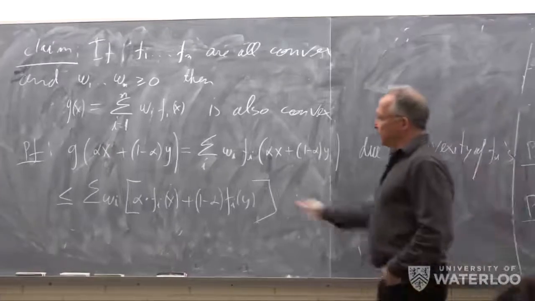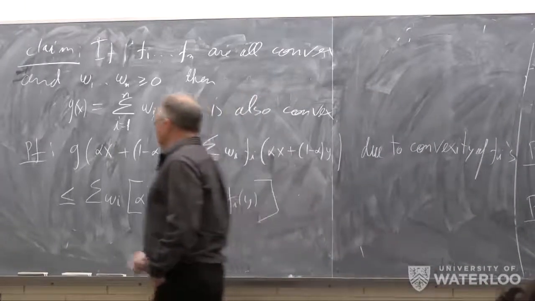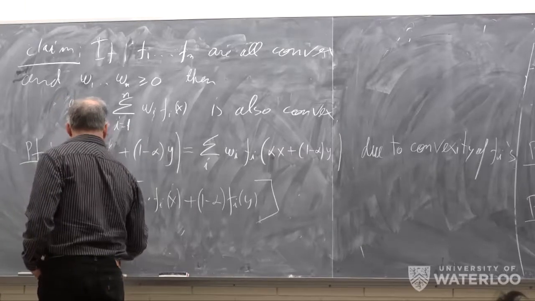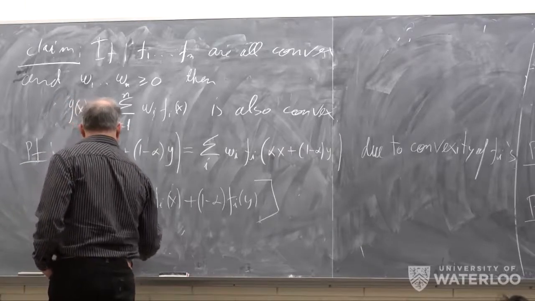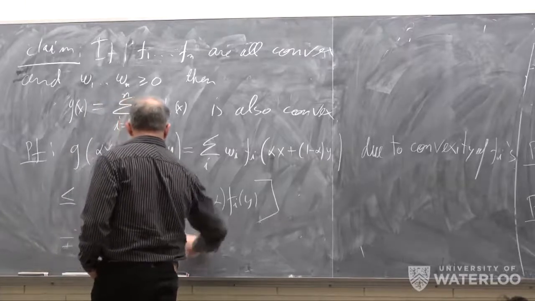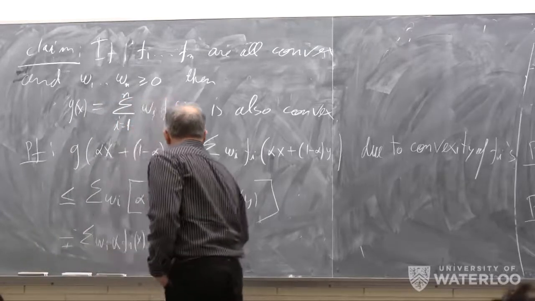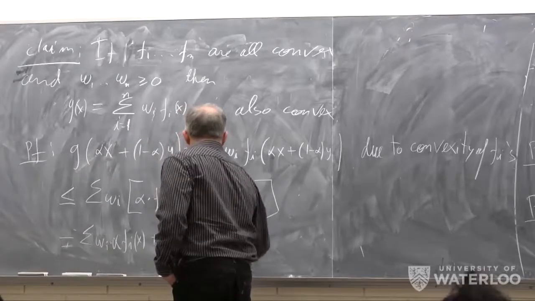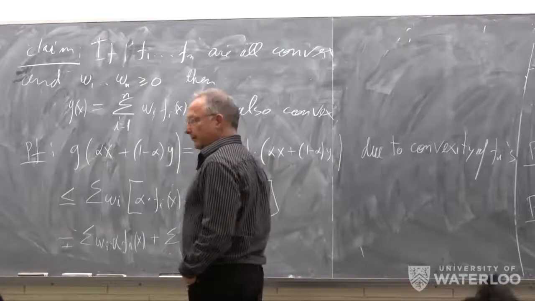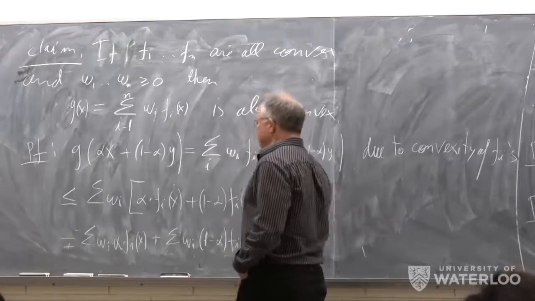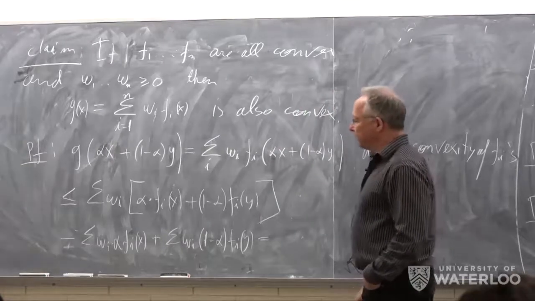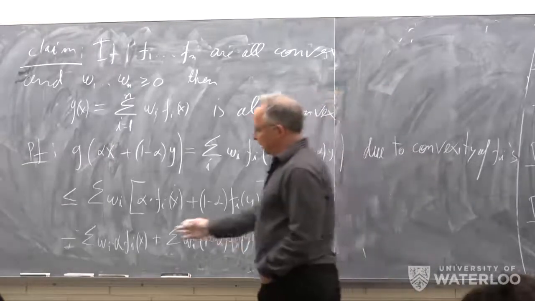Now I can just rearrange the sum. So this is equal to the sum of wi alpha fi of x plus the sum of wi 1 minus alpha fi of y. And then I can take the alpha and the 1 minus alpha outside the sum, because they are constant.